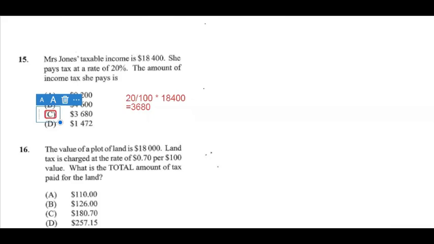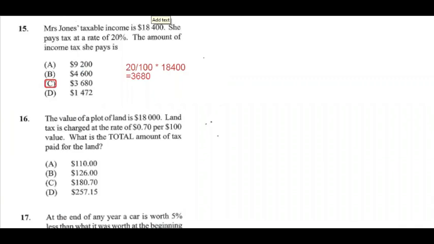So guys, it is 20% of 18,400, and that will give us the answer that we're looking for. So our answer 15 is 3,680, and that is C. So that is what the working out will look like, and our answer is C. So remember guys to continue to practice these workings, as you will not have a calculator in the exam.